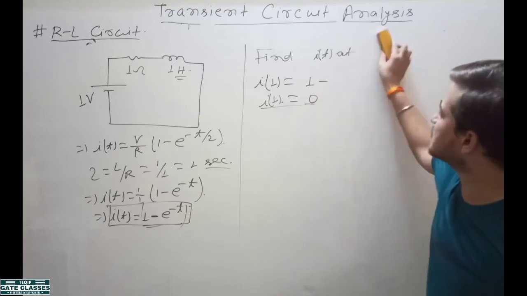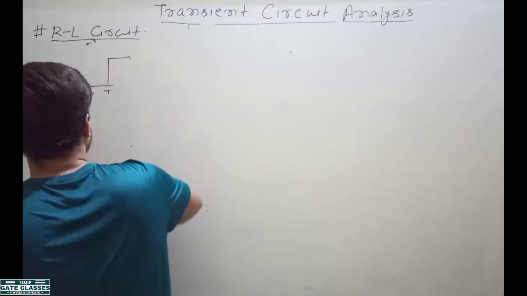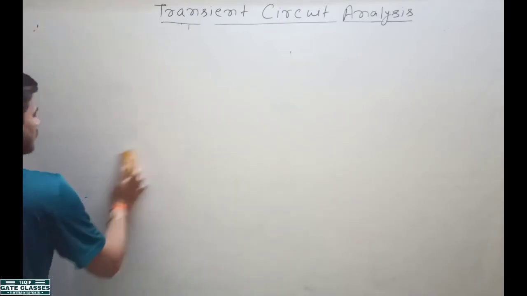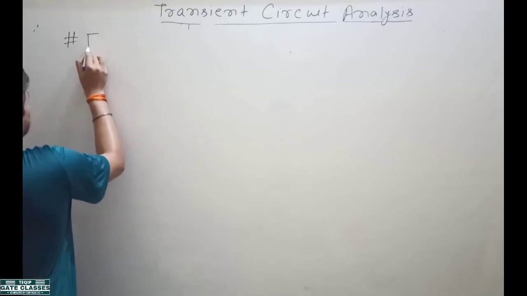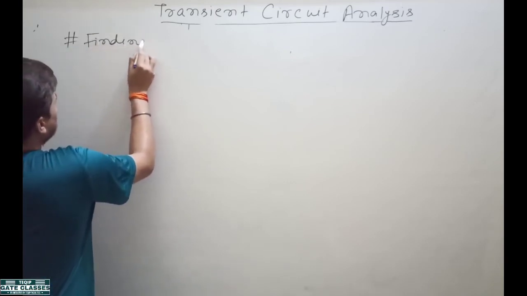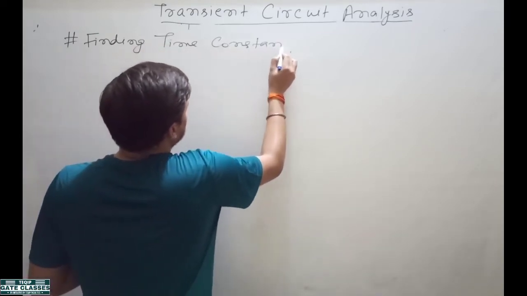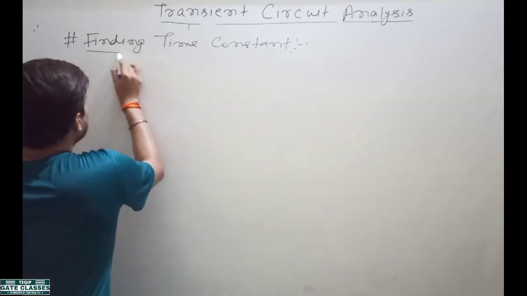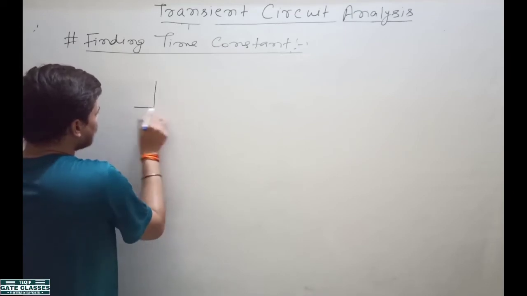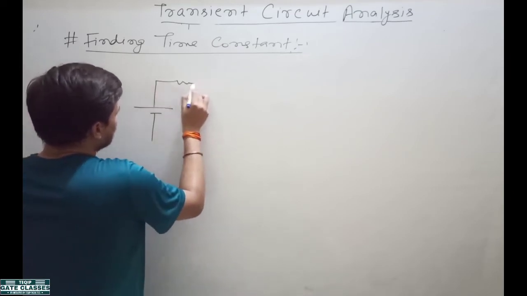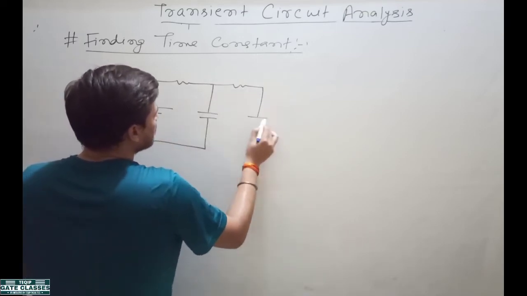That means how to find the time constant of a circuit. Suppose this type of circuit is given to you.